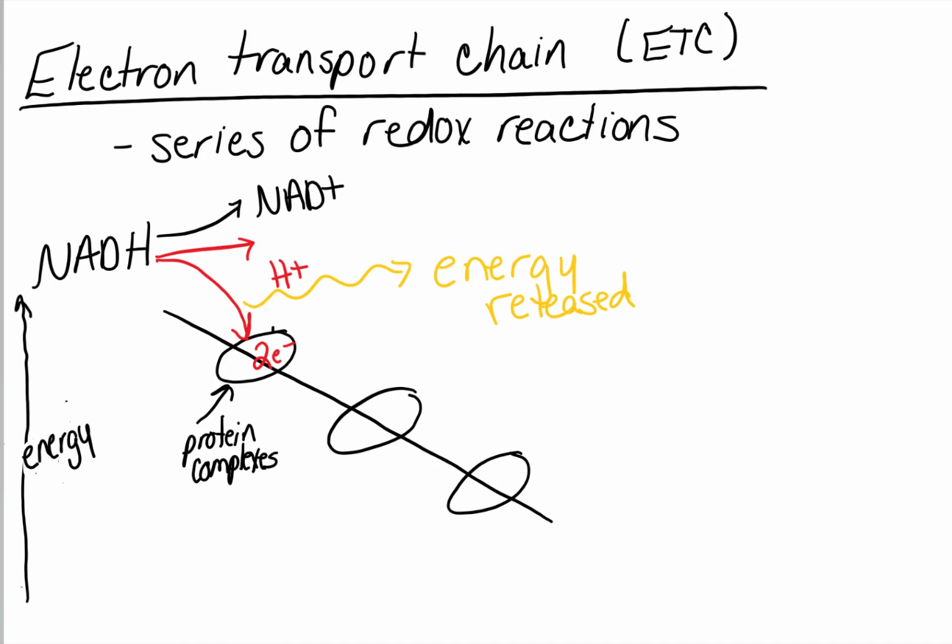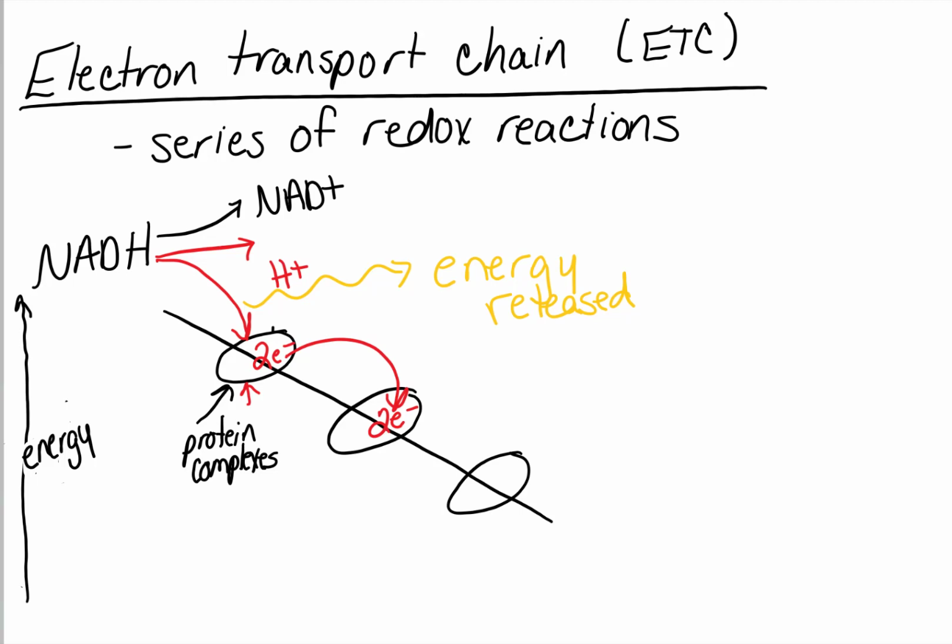Now, this electron transport chain is a series of redox reactions, going down the chain, each time releasing energy. And so we have these 2 electrons that go from one protein complex to the next in a redox reaction. This protein complex becomes reduced.